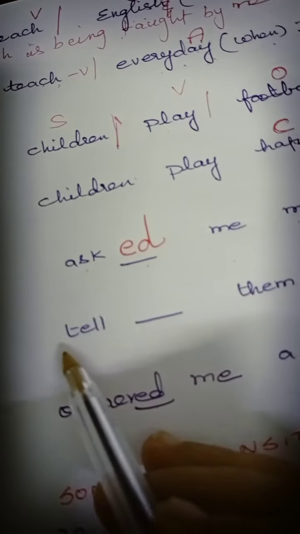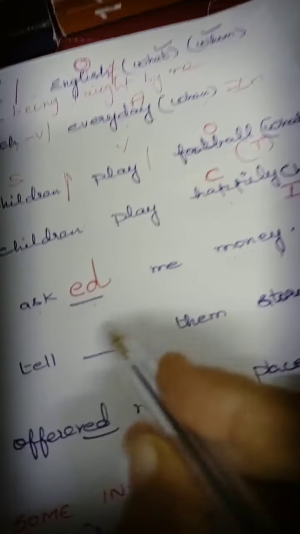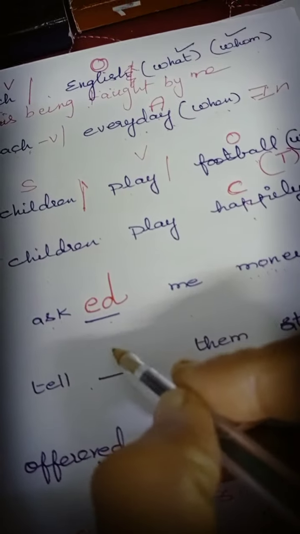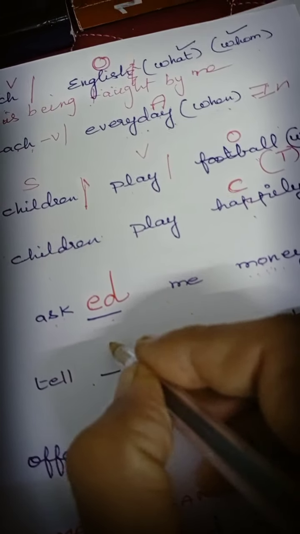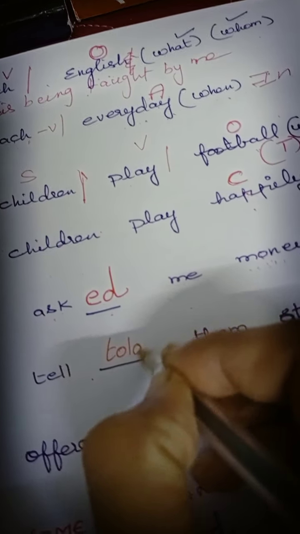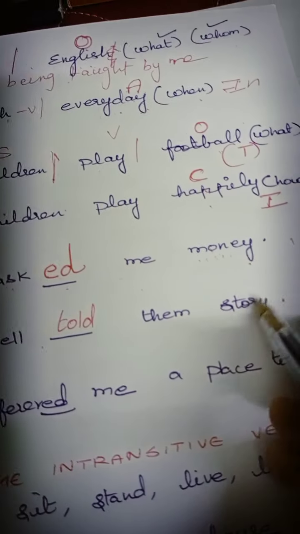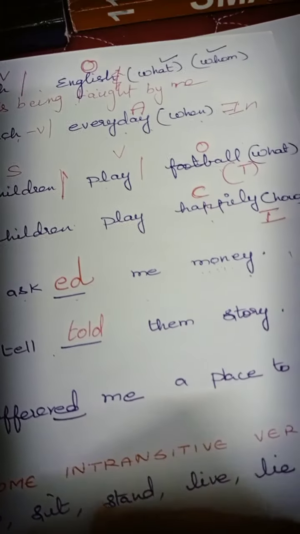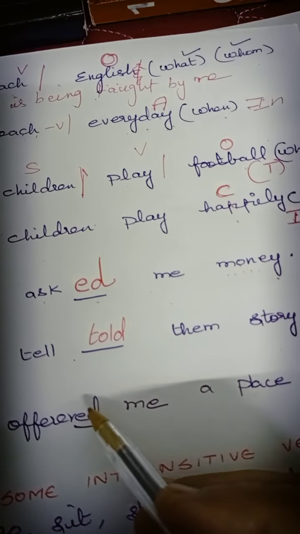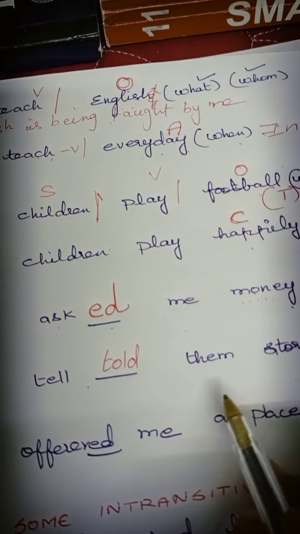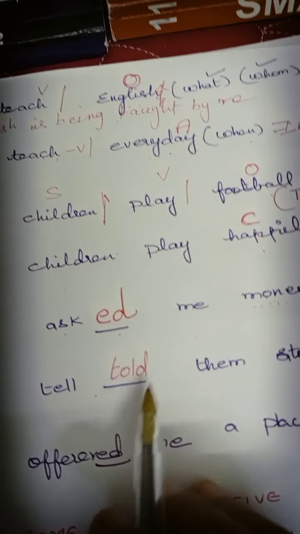Got it, children? And then, "he tell them story." This "tell" will be taken as "told." Or you can say "he tells them story." So the story is being told by him to them, or the story was told by him to them.